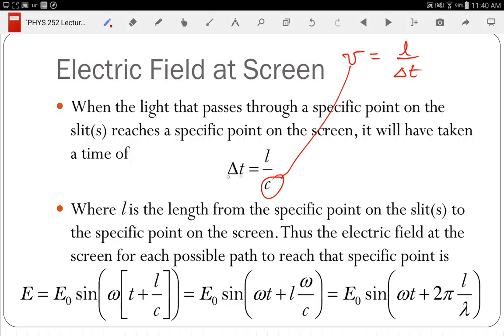So if I substitute this delta t equation into my electric field, E0 sine of omega t, the total time is t plus delta t. The time it was when it hit the slits plus delta t, the time it took to go from slits to the screen.